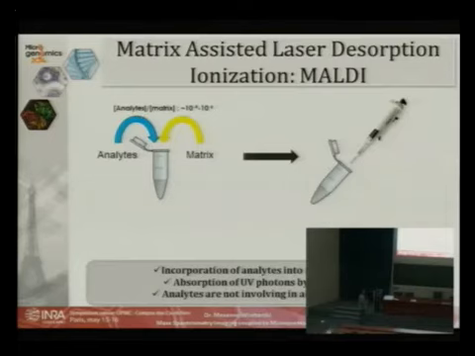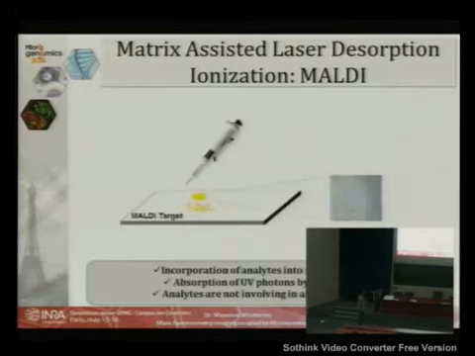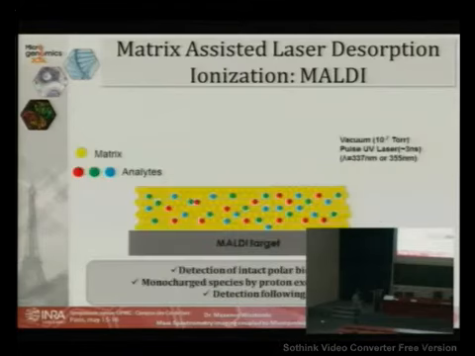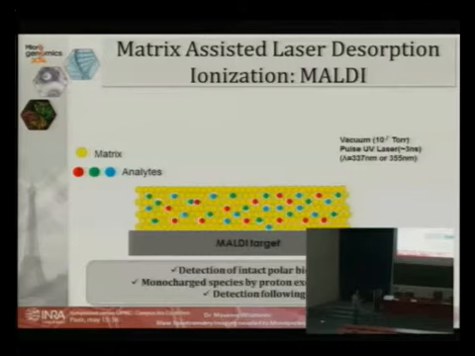And just to be sure that everyone knows what MALDI is. MALDI is matrix-assisted laser desorption ionization, and in this technique you use a small organic chemical compound called a matrix, and you mix it with your analytes. This solution is deposited on a sample plate, and you obtain crystals inside which you have a mix of matrix and analytes.